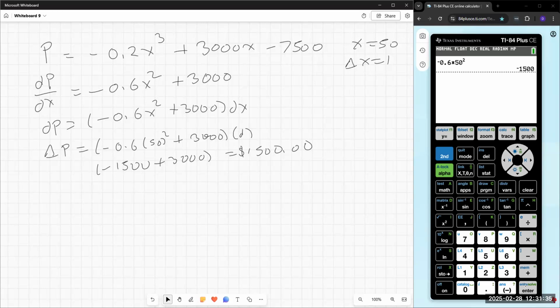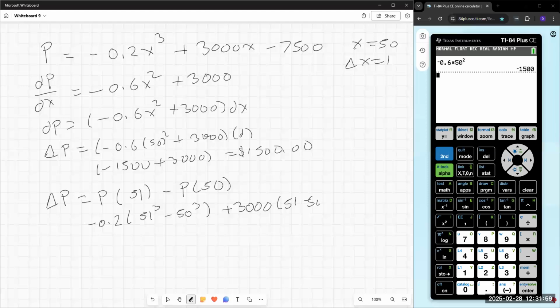And let's find the actual delta P, which is P of 51 minus P of 50. That will be negative 0.2 times 51 cubed minus 50 cubed plus 3,000 times 51 minus 50, which is just 1.